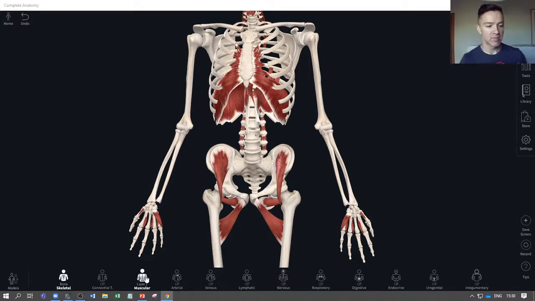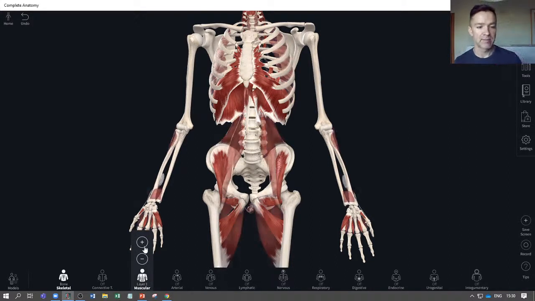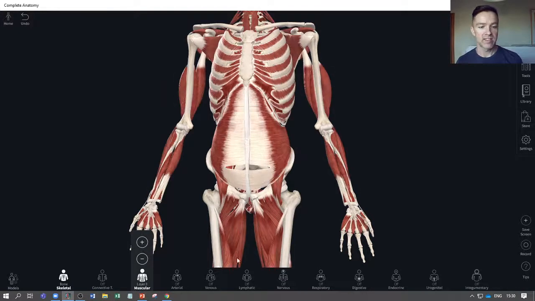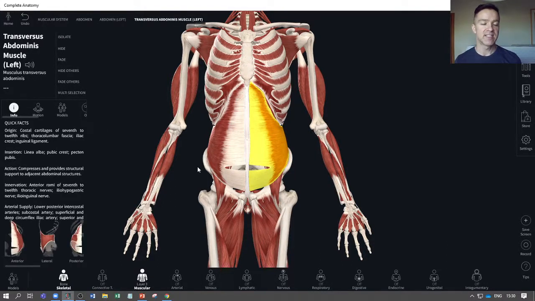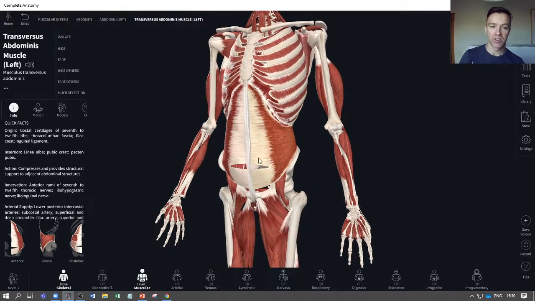Okay, if we add another layer in, what we start to see is some of our abdominal muscles appearing here. The first or deepest proper abdominal muscle is called our transverse abdominis muscle. The transverse abdominis lies deep to all the other abdominal muscles.